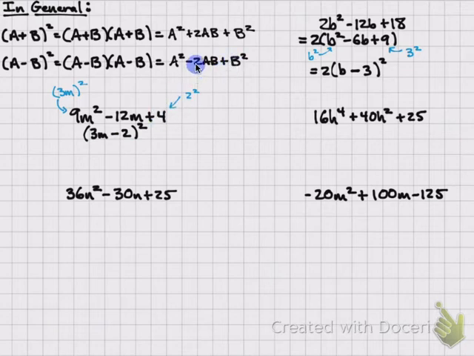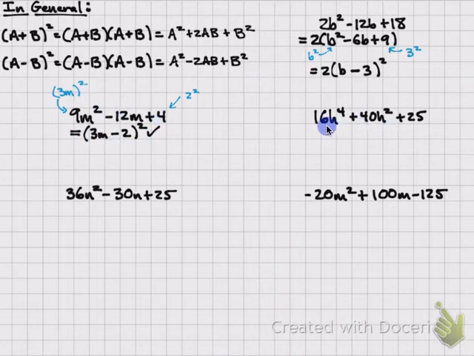And do we get 2 times 3m times 2? Let's see, 2 times 3m is 6m, times 2 is 12m, and we get that indeed right here, minus 12m, so this is the correct factorization. You are also always welcome to actually multiply this out to confirm. Awesome, I'm going to put an equal sign there to show that that is the factorization.